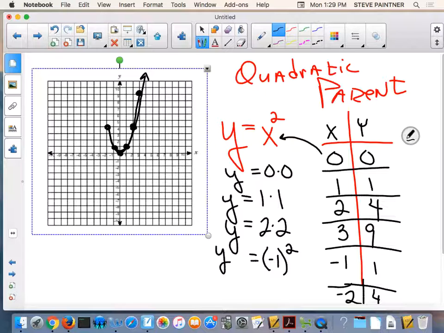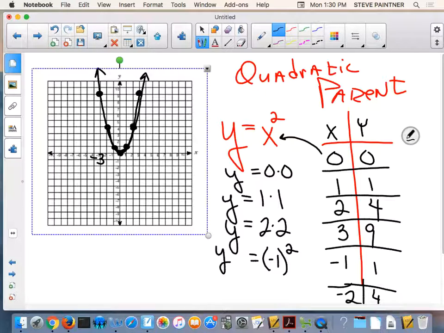What do you think happens when I plug in -3 for x? I'll get out 9, right? So there it is. This is the what function? The quadratic parent. It's the most basic x squared function I can do. They get much tougher, but I'll teach you how to do those. But you got to know what that looks like.